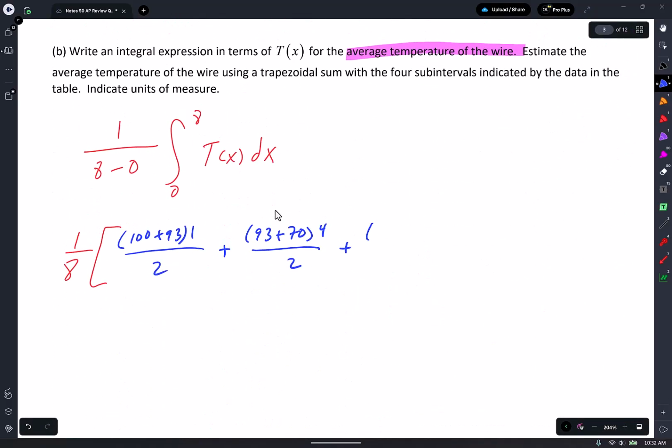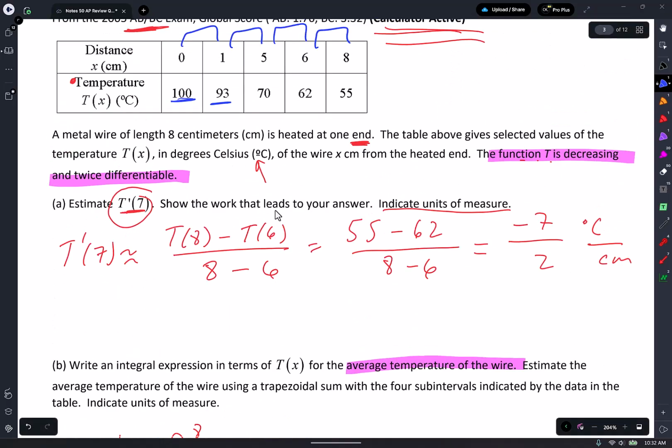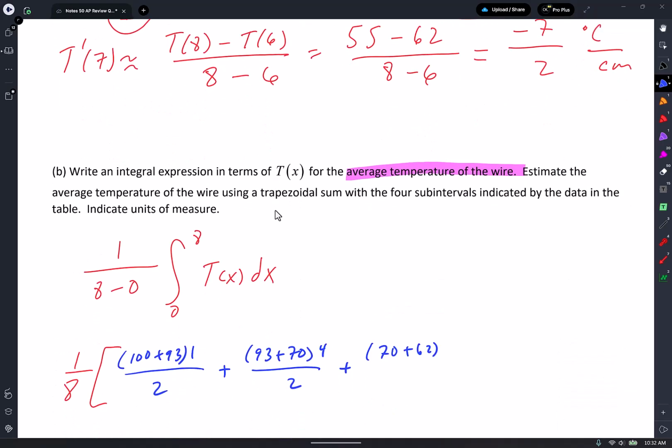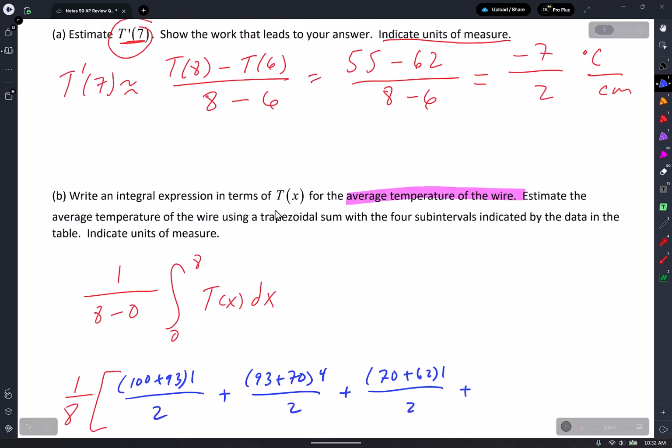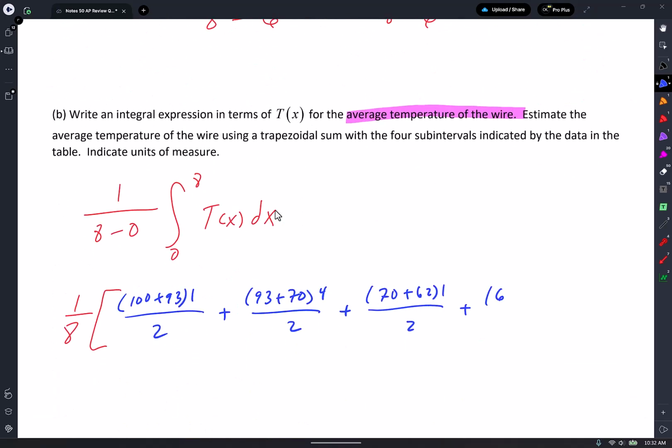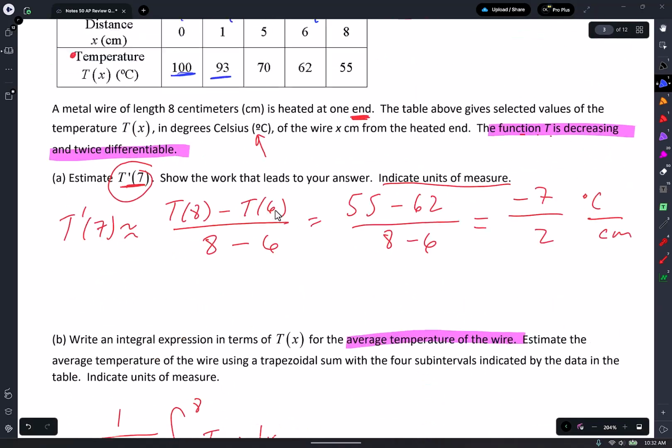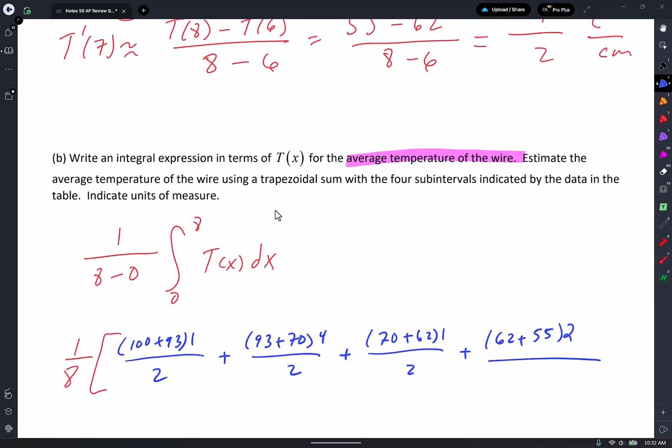The area of a trapezoid is base 1 plus base 2 times height divided by 2. Plus 70 plus 62 times 1 divided by 2, plus 62 plus 55 times 2 over 2, and then close the bracket.